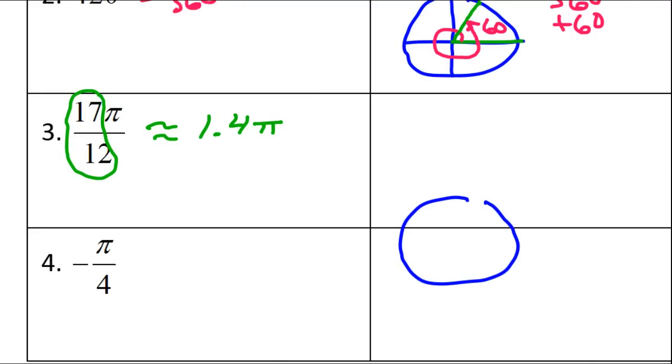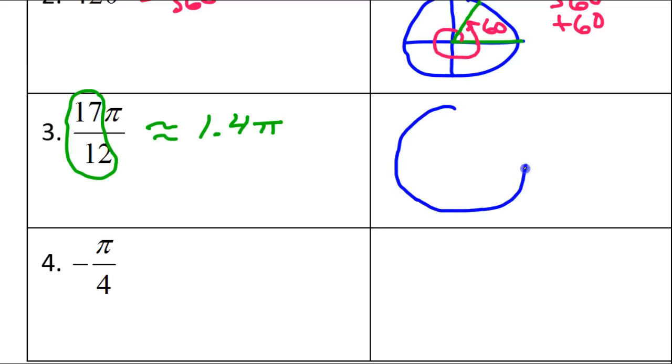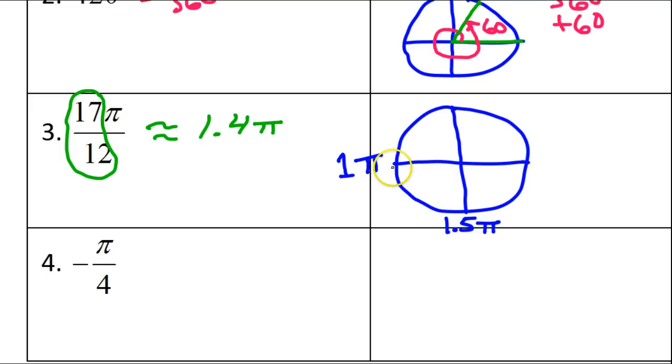Okay, I messed up and it moved. So let me just draw that again. Okay, so here's pi. So this is pi right here. You could think of it as 1 pi. Now, right here, this is 1.5 pi. So you see I've got 1.4 pi.